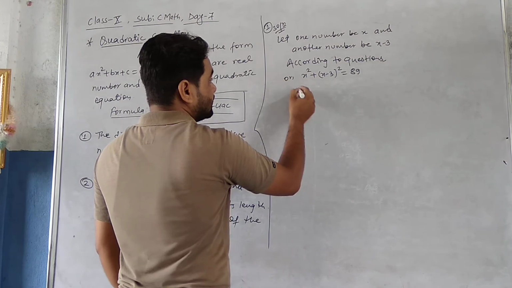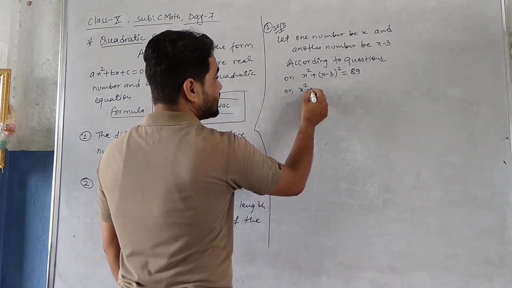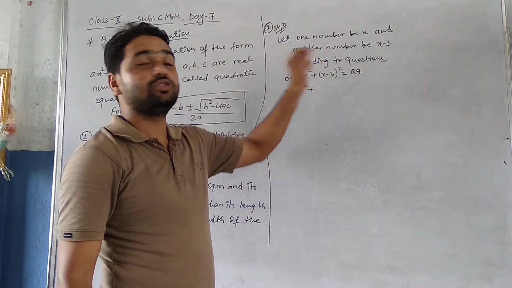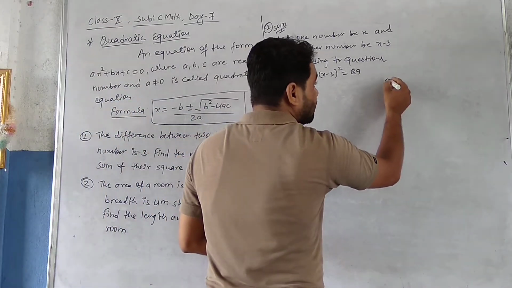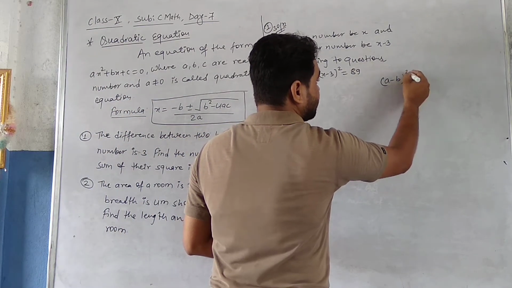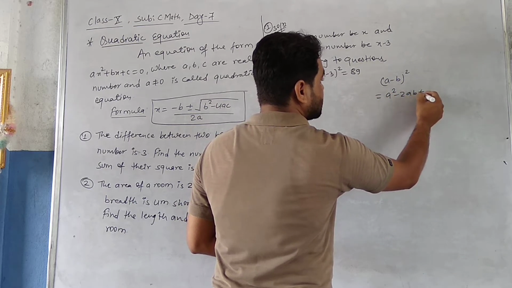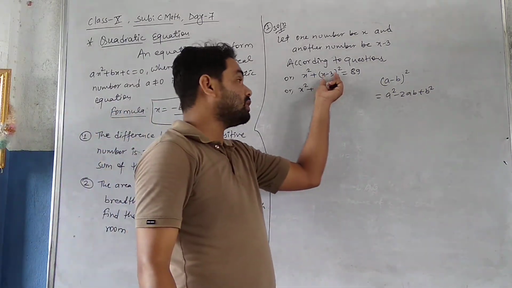This is x square remaining the same, and then plus sign. Now look here, a minus b whole square, we are going to apply the formula of a minus b whole square. What is the formula? A square minus 2ab plus b square. This is the algebraic formula, and we apply that.